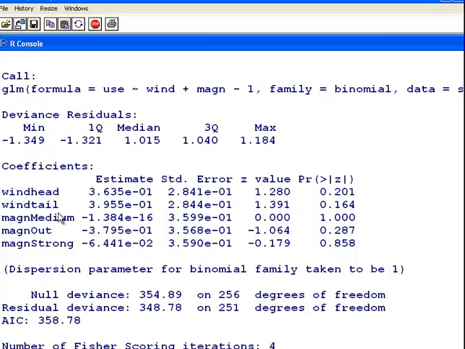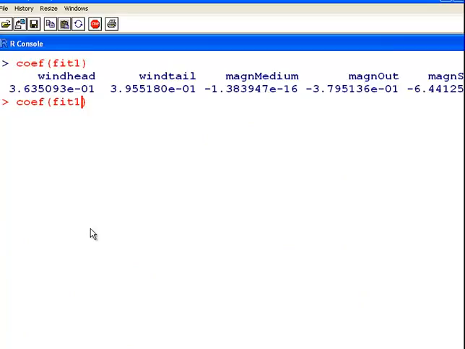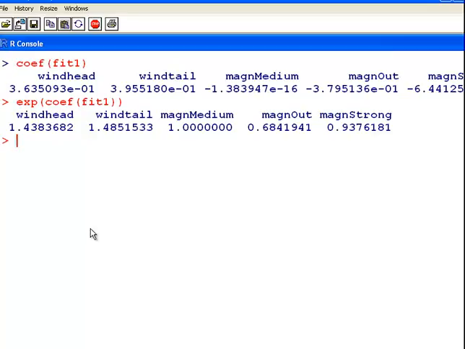So what I'm going to do now is compute the log odds. So coef of fit 1, there we are. And I'm going to exponentiate them to get the coefficients there. And essentially what I have to do here is just divide one by the other.